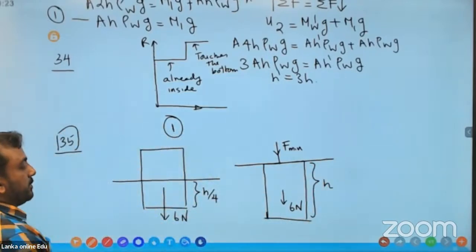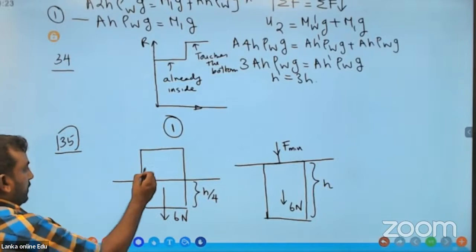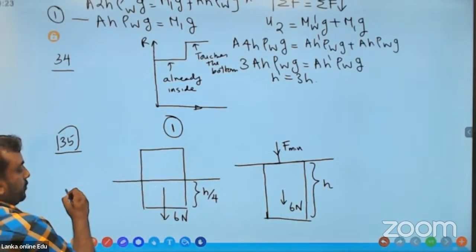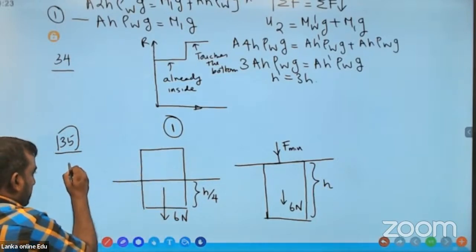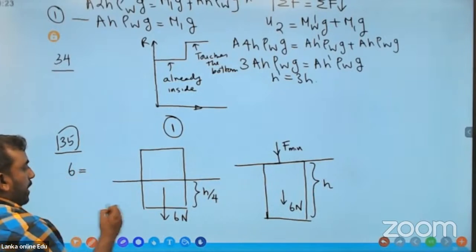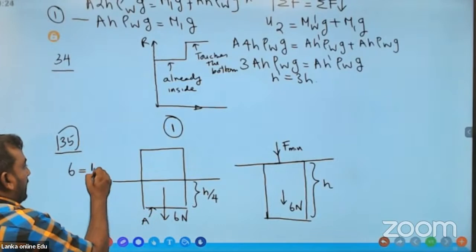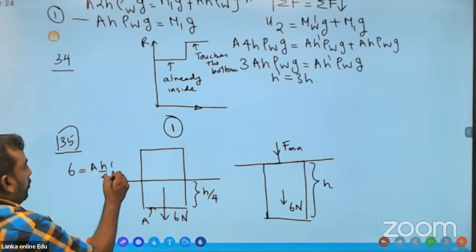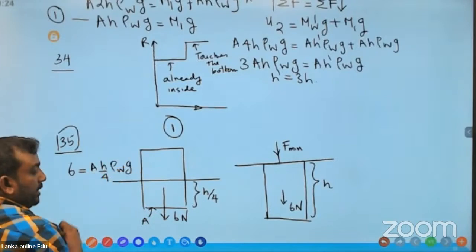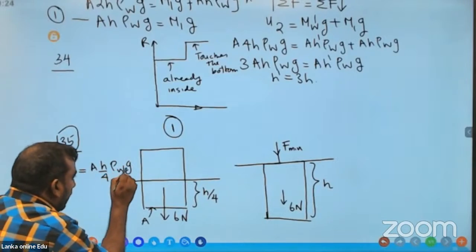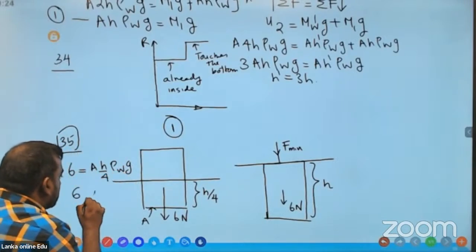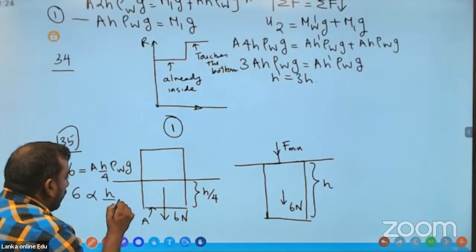Now think carefully. Here what's happening? Downward forces balance upward force. Downward force is weight, balances upward force, upthrust. If I take the area as A, upthrust is A H over 4 rho_w g. You can see A constant, rho_w constant, g constant. So 6 is proportional to H over 4, I can write.